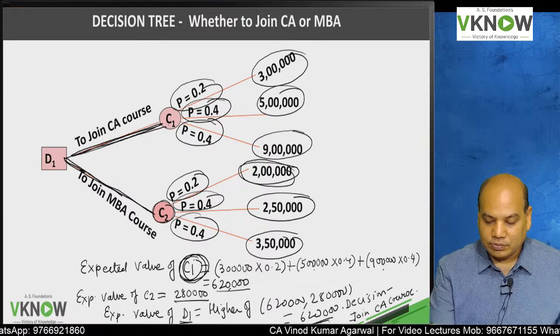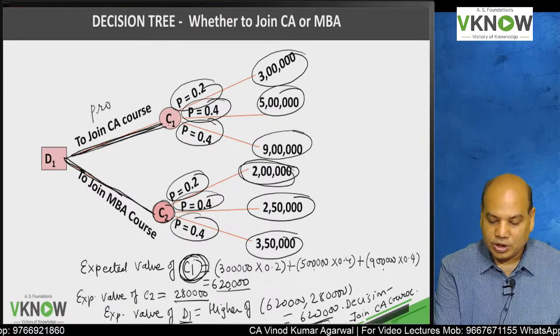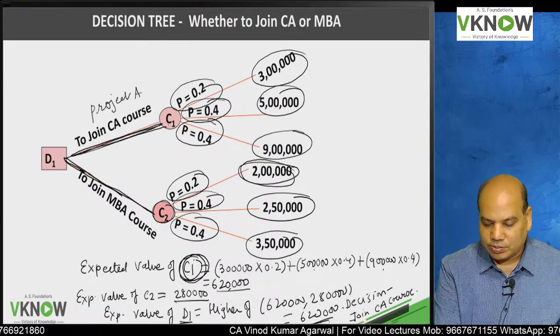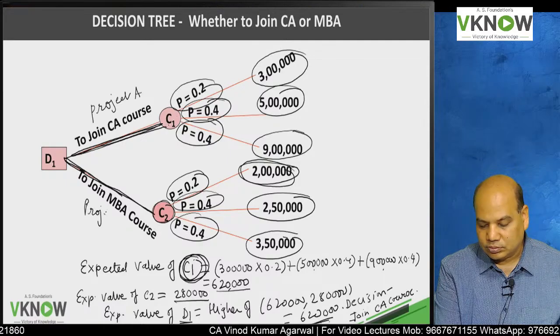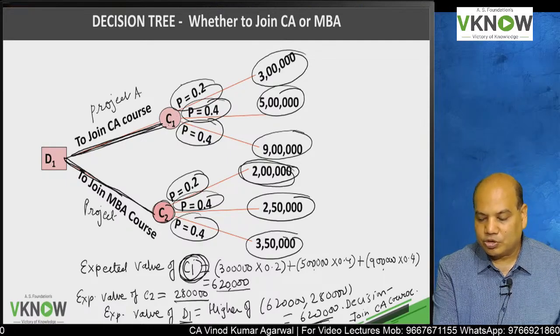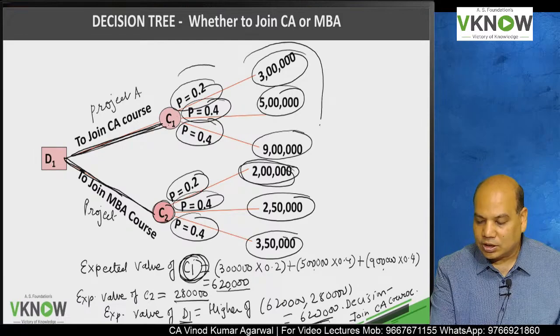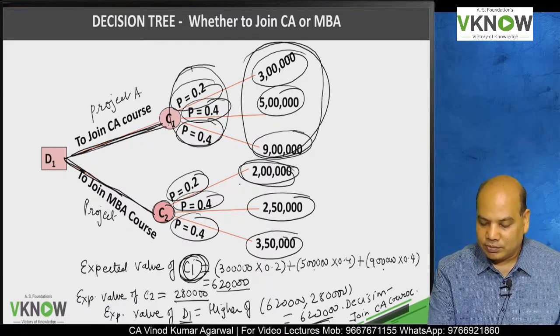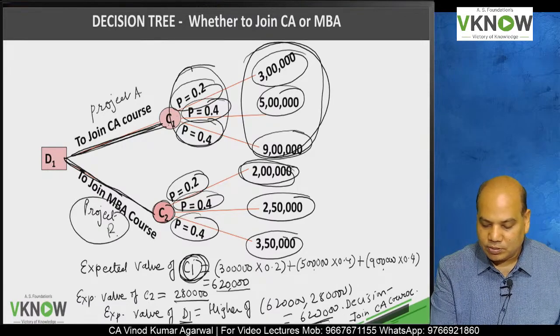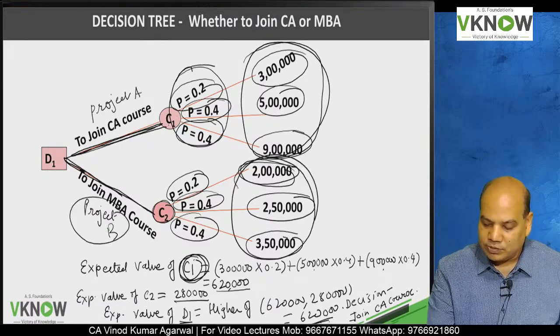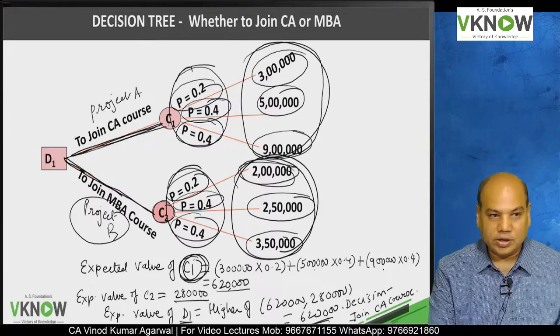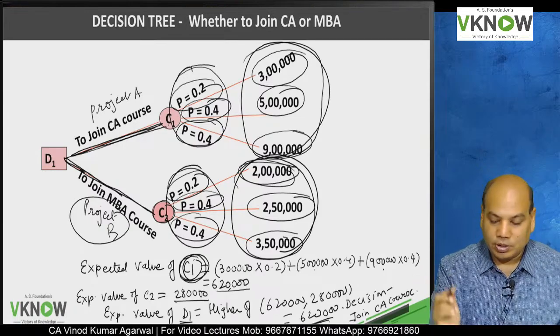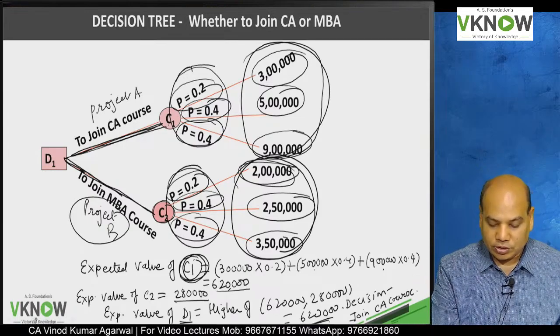For example, it can be simply project A, project B, and if I take project A, these are the possible NPVs and their probability. If I take project B, these are the possible NPVs and their probabilities. So it becomes a decision tree problem of project also.